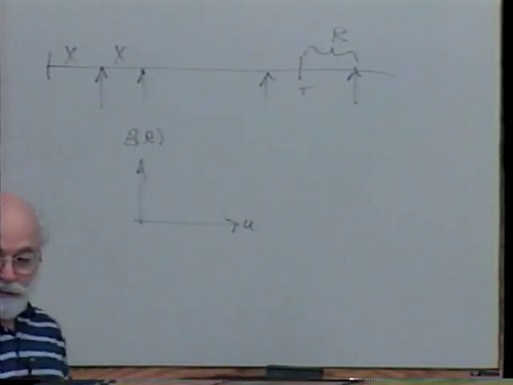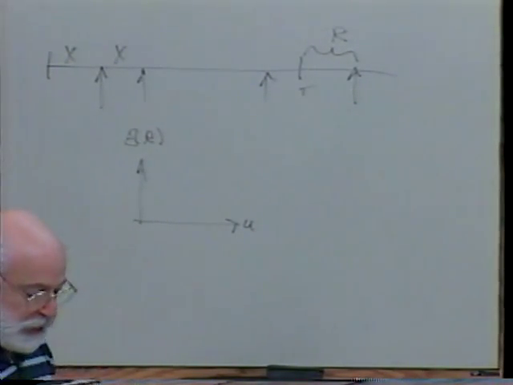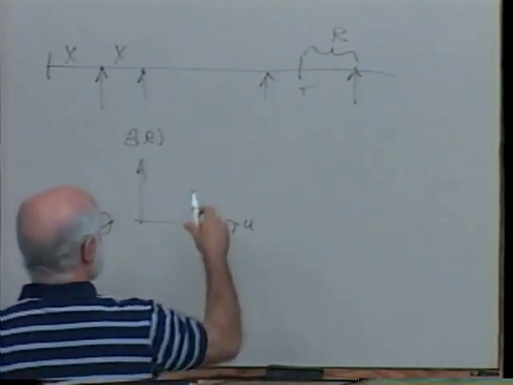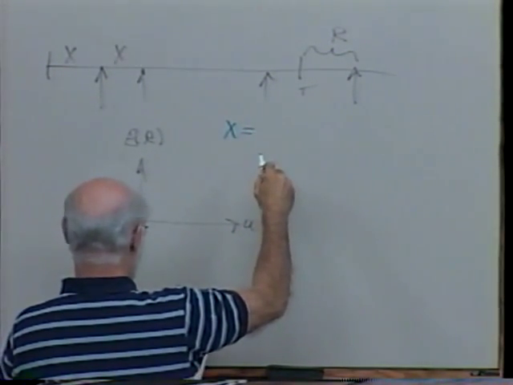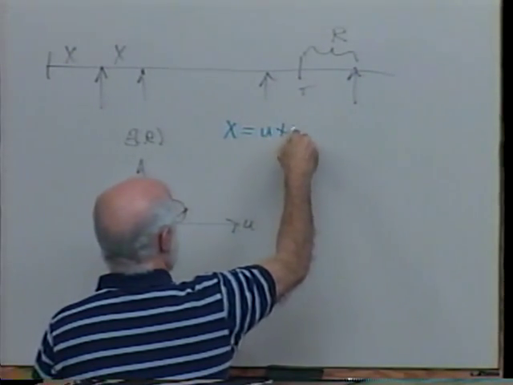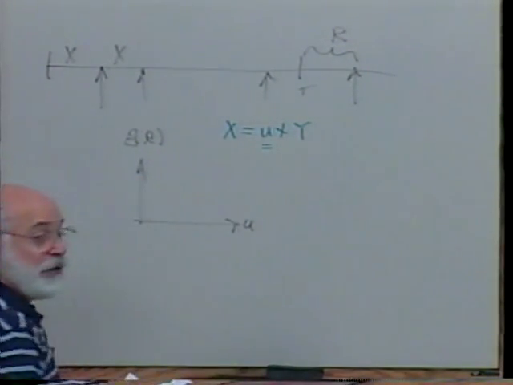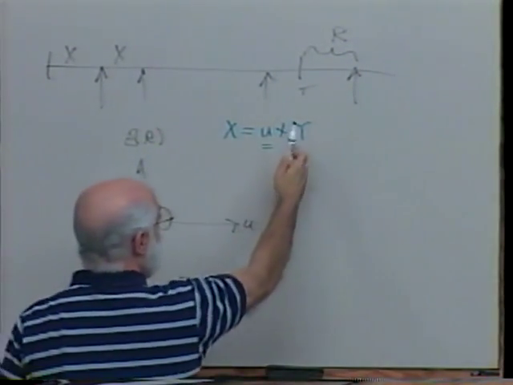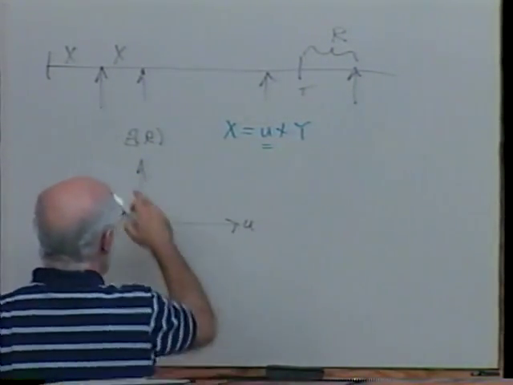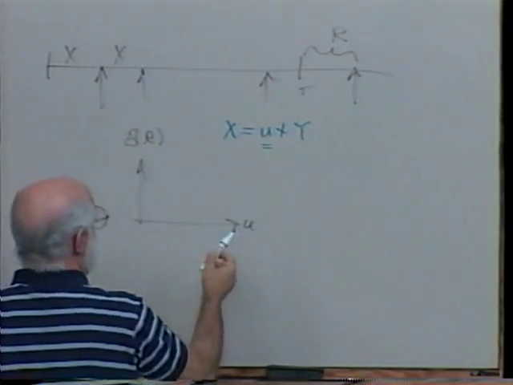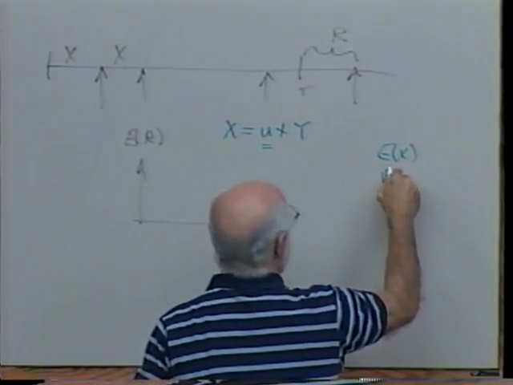Now, the x, that is the interrenewal time, is equal to u plus y, where u, for our purposes, is a constant. We'll treat it as a parameter, and y is a random variable whose distribution you're given. So when you calculate this expected value E of r, it contains the expected value of x, and the variance of x.